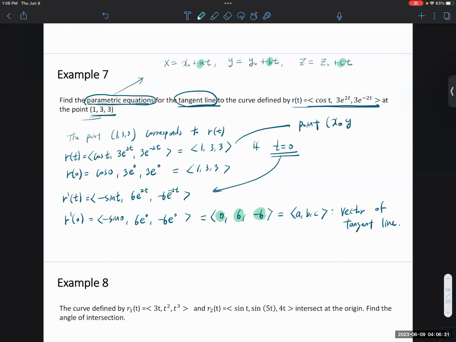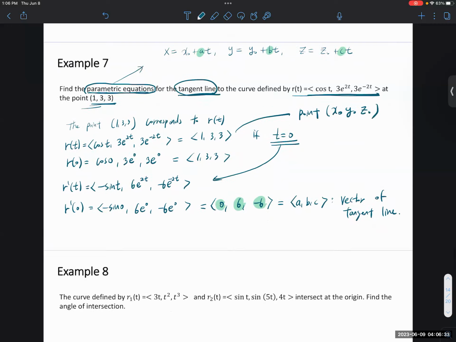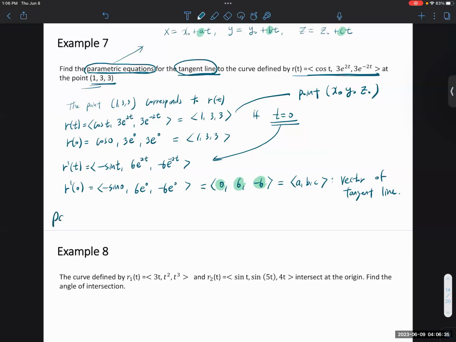X0, Y0, Z0. So therefore, in the parametric equation, we got x equal to 1 plus 0 times t, which is 0. And then we have y equal to y0, which is 3. So I'm going to highlight it.